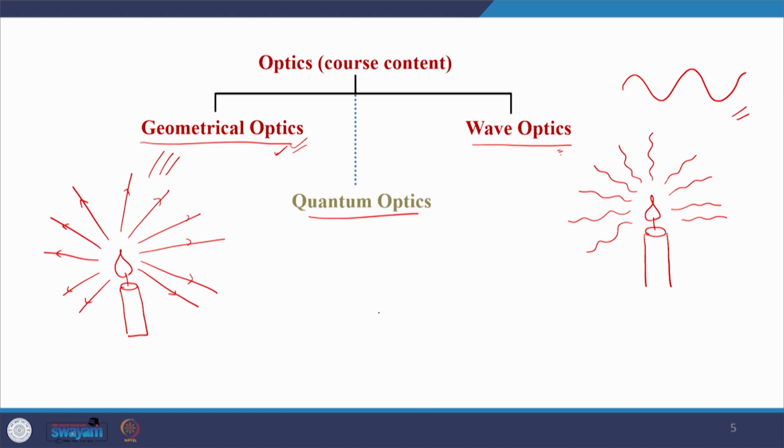But what about quantum optics? As I said, in quantum optics we discretize the light. It means the light is no more continuous. You cannot draw a continuous line, be it straight or wavy. Therefore, in this description we can draw a broken line, which symbolizes quantization or discreteness.